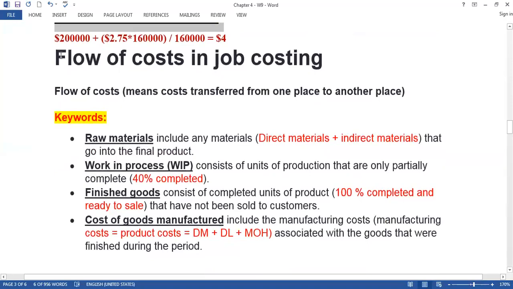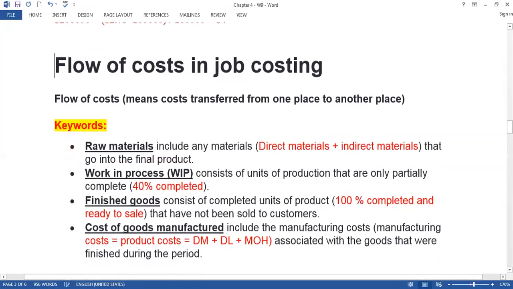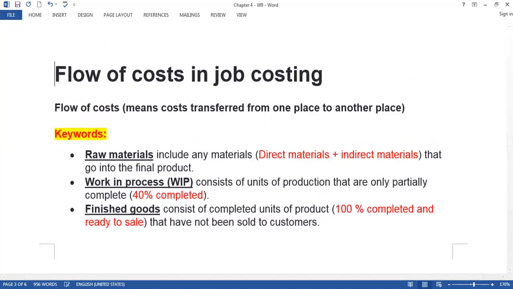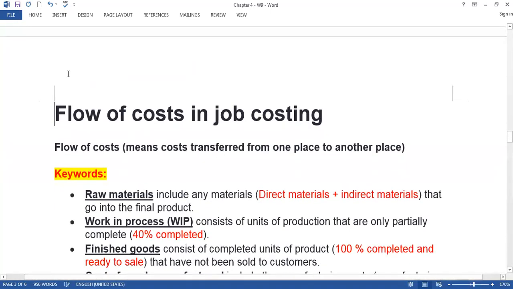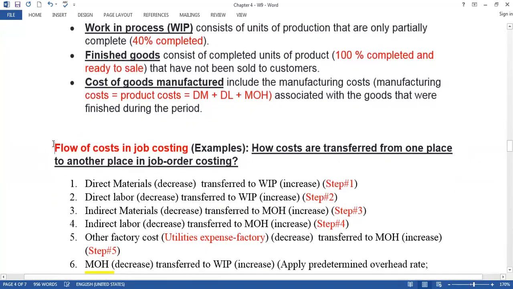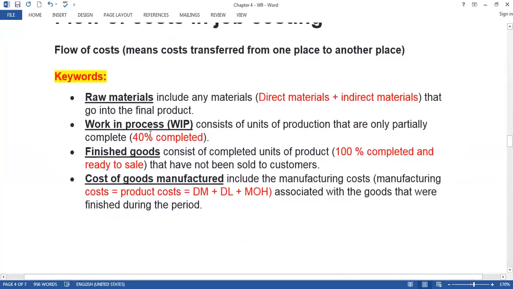Now, from this chapter, you should know some keywords. This is important terminology. These are the words for this chapter, and they are important to know. So first is the raw material.